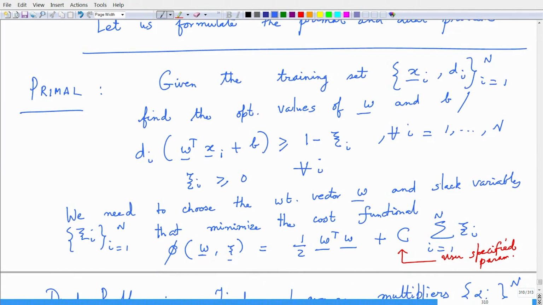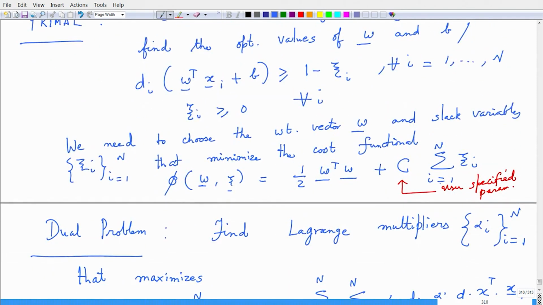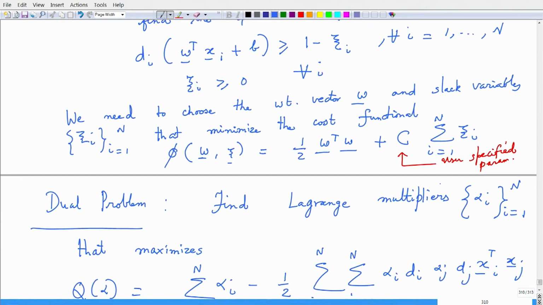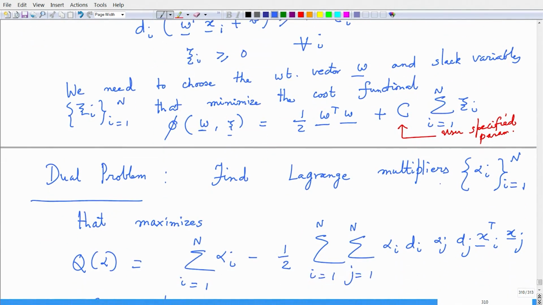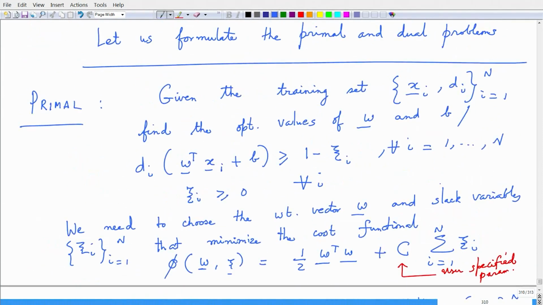The key idea that you have to realize is we introduce the slack variables zeta, so that we accommodate the misclassified points, and then we want to minimize the average cost over these misclassified points, and with respect to that we formulate the appropriate cost to solve this problem.